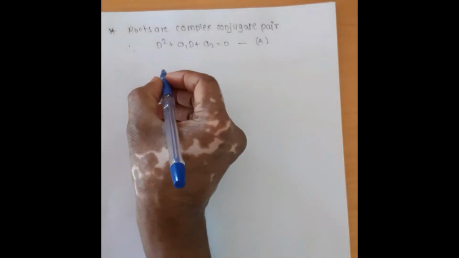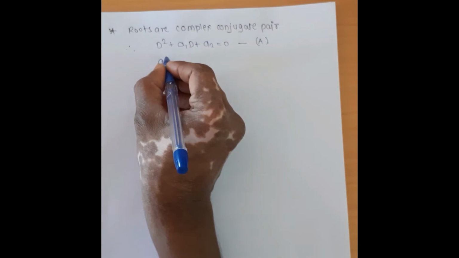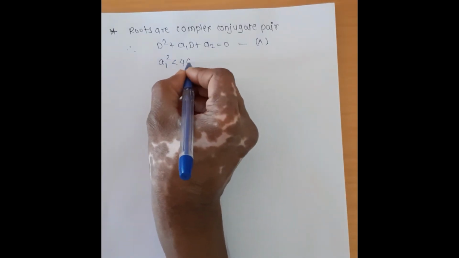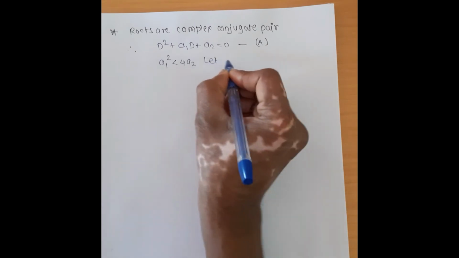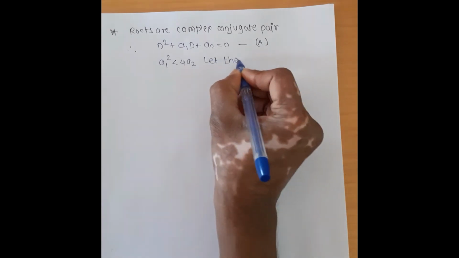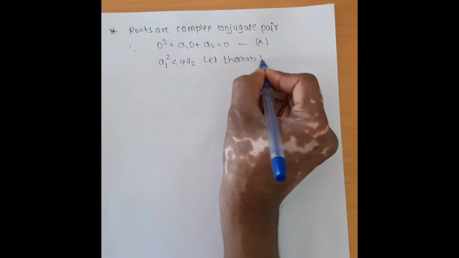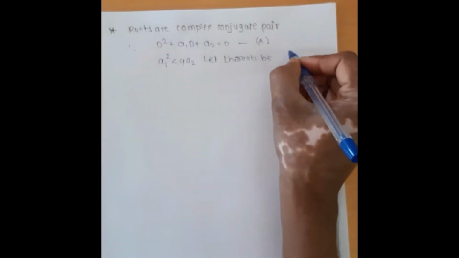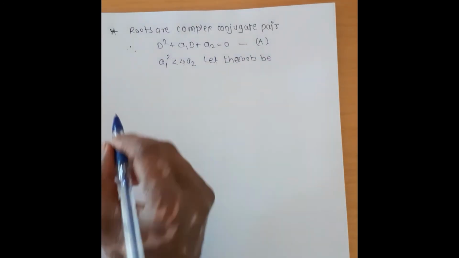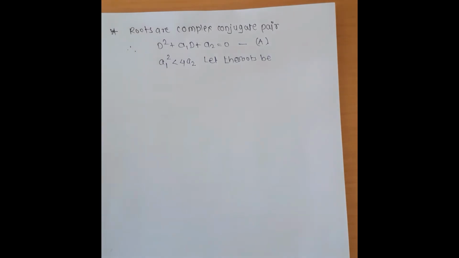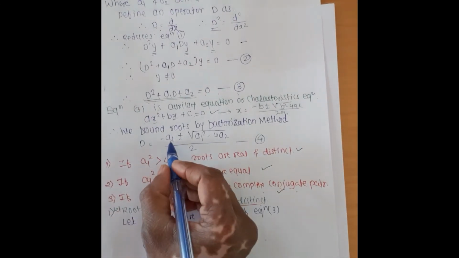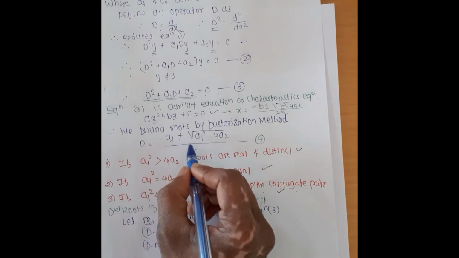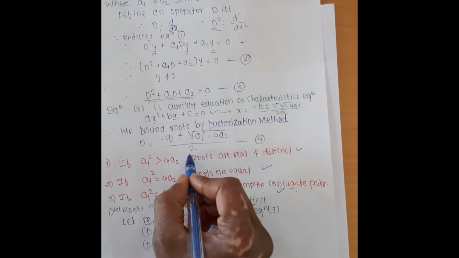So the condition is what? When a1 square is less than 4a2, then let the roots be imaginary, meaning the term under the root will be imaginary. So what is our actual equation? d equals minus a1 plus or minus root of a1 square minus 4a2, upon 2.